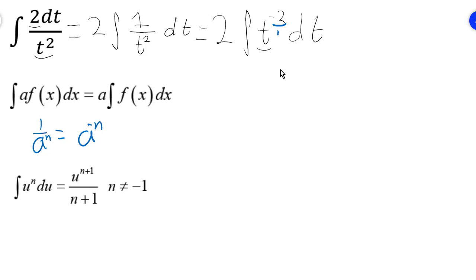So this is going to be n, this is going to be u, and dt is going to be the du. Solving it, we're going to get 2, don't forget the constant, multiplying the integral, which is t to the minus 2 plus 1 over minus 2 plus 1.